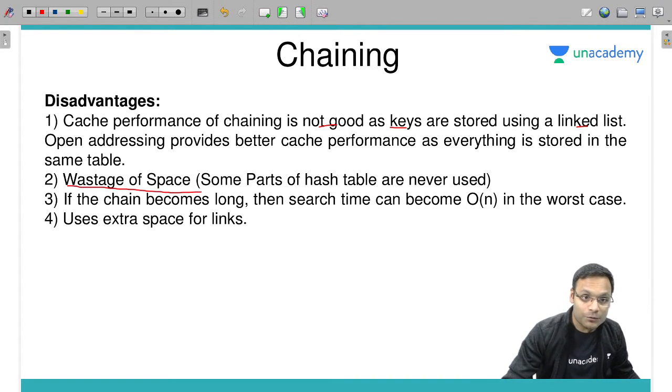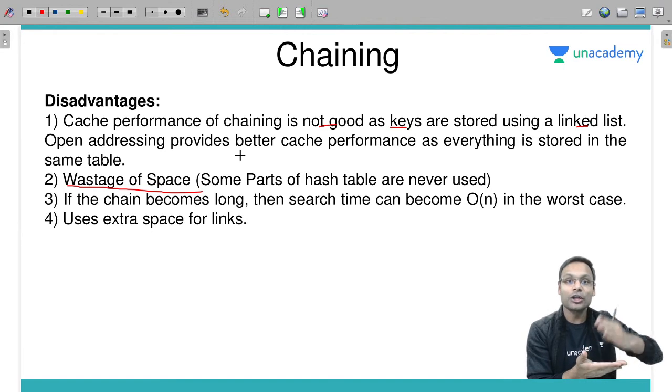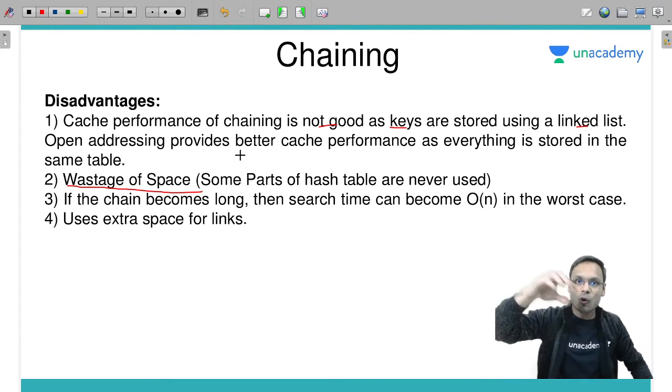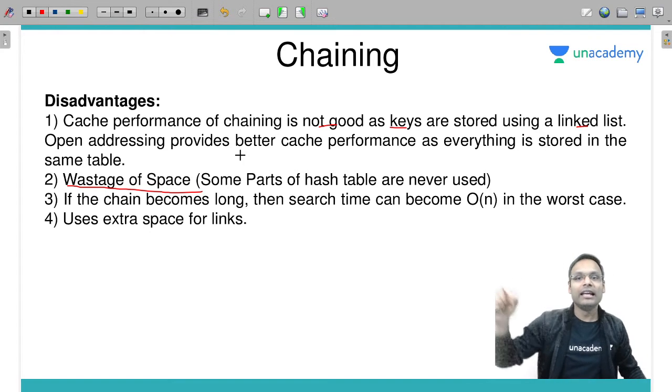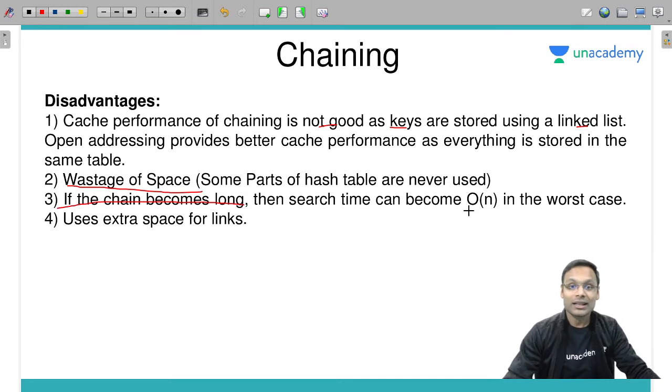Then wastage of space. Why? Just because sometimes it might be possible that some part of the hash table is not used at all, just because you are distributing some keys over that particular location in the linked list only. Then if the chain becomes very long, search time becomes big O of n. How?